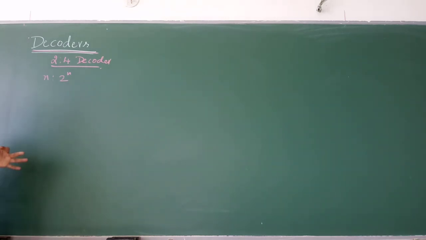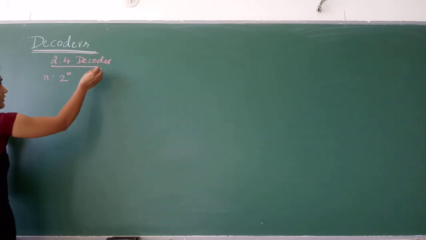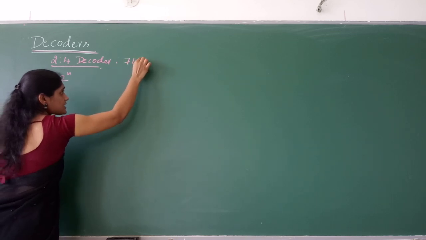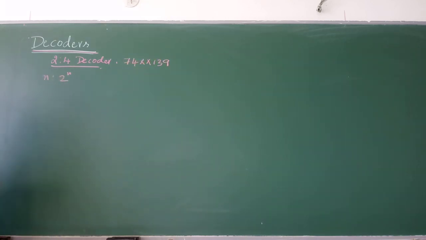And in today's class, we shall discuss a standard decoder IC, that is the 2:4 decoder IC, 74XX139. 74LS139 you have. In lab we are going to use the 74LS139 IC.